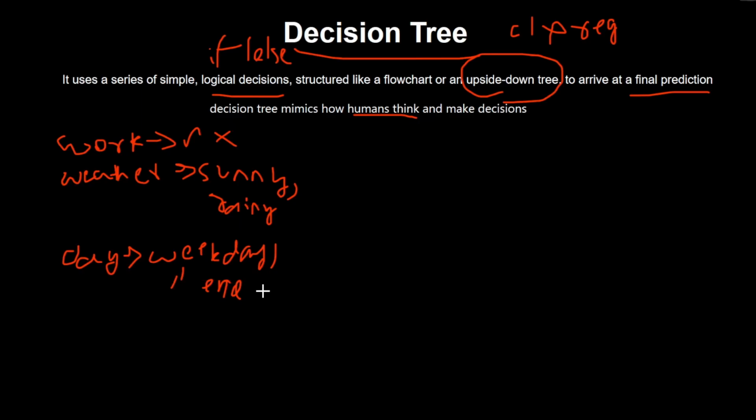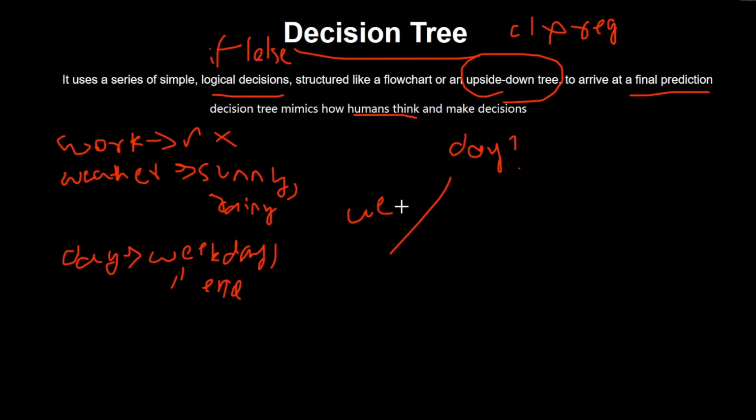Let's assume, logically we can build an if-else tree. Tree means a set of decisions. First, let's say, because this is the most important logically, we ask if the present day is a weekday or weekend.